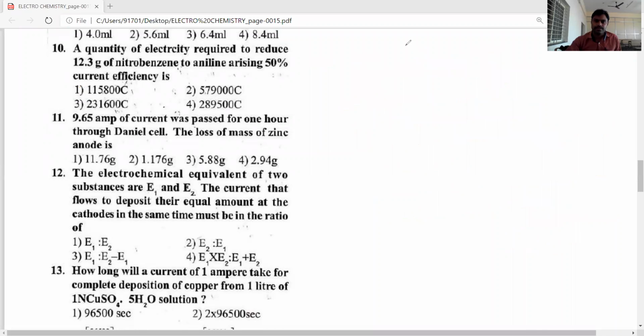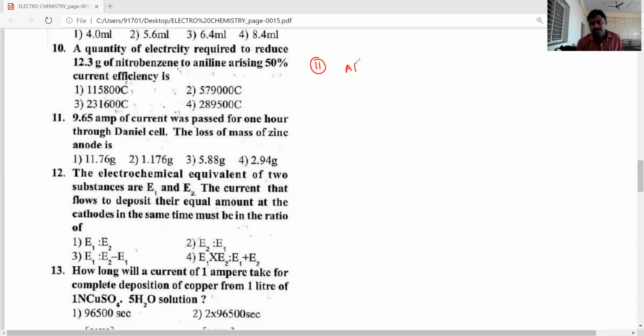Let's see the next, 11th question. 9.65 amperes current is passed for 1 hour through a Daniell cell. The loss of mass of zinc at the anode.